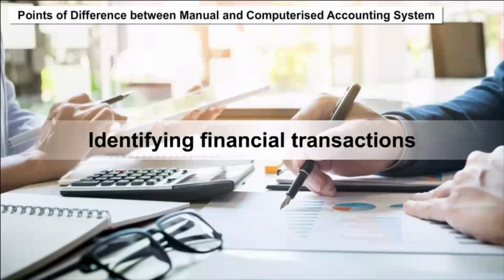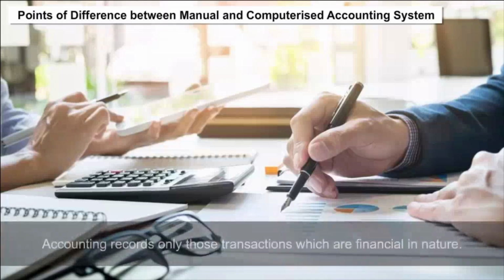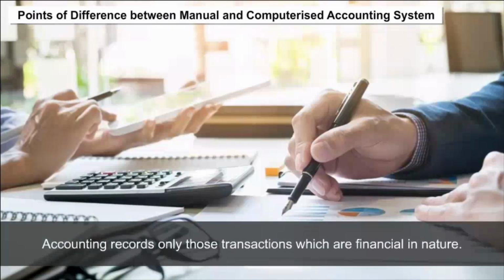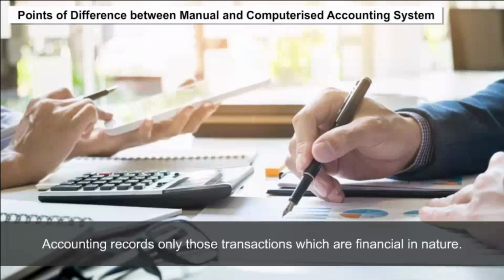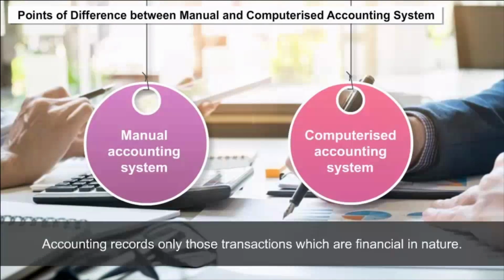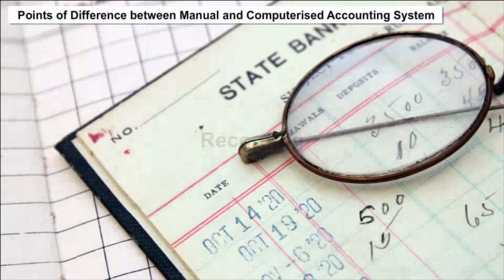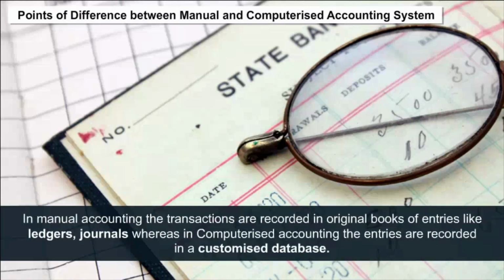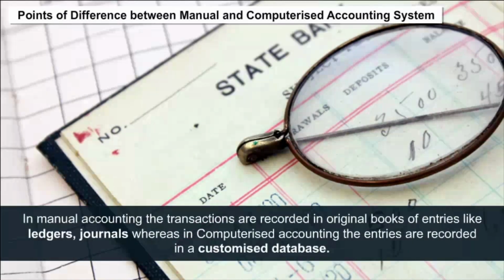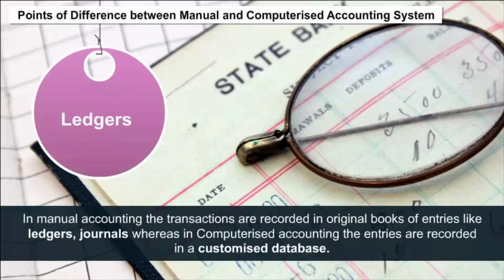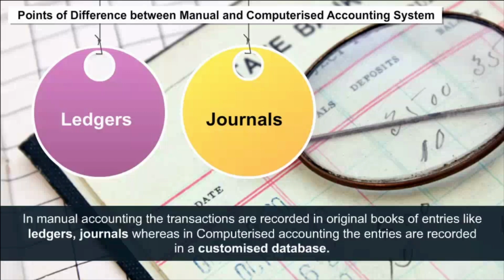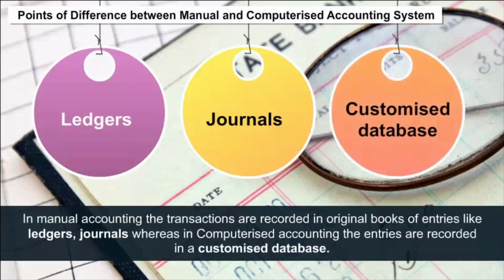Identifying financial transactions. Accounting records only those transactions which are financial in nature. This is common in both manual and computerized accounting system. Recording. In manual accounting, the transactions are recorded in original books of entries, like ledgers, journals, whereas in computerized accounting, the entries are recorded in a customized database.